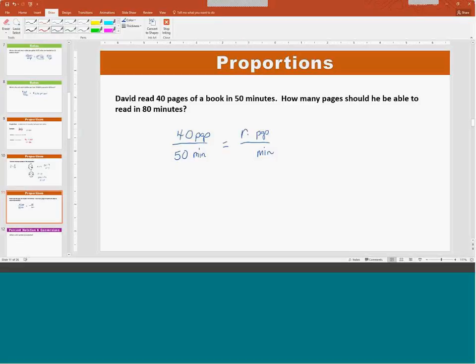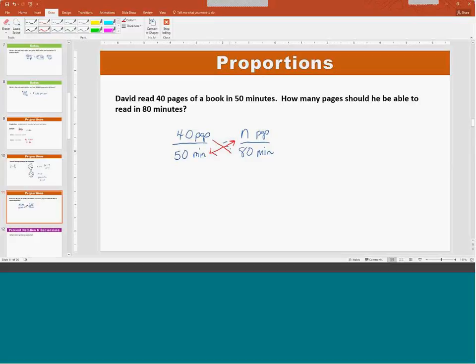We don't know that, so we'll call that n pages in 80 minutes. This would be difficult to use method number 1, because I'm positive there's not a whole number that I can multiply 50 by to produce 80. I'm going to use method 2 and cross-multiply to find out what n is equal to.